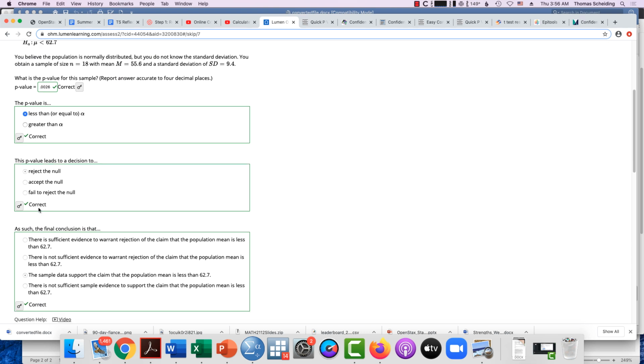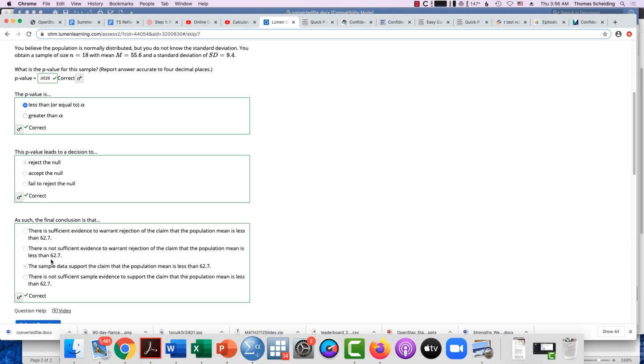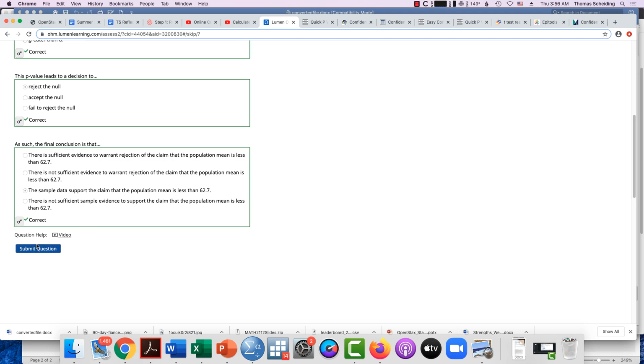The way you would read that is that the sample data doesn't support the claim that it's less than 62.7. In fact, we should reject it because the p-value suggests that less than 0.005 that is true.